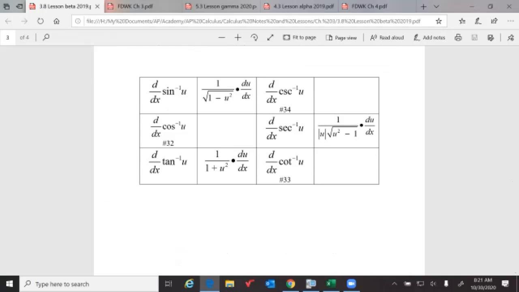And you calculated every other one. And these are homework questions, 32, 33, 34. And you notice the only one that needs absolute value is the inverse secant, because every time you have a mu in the sine or tangent, it's squared. Would be the absolute value.